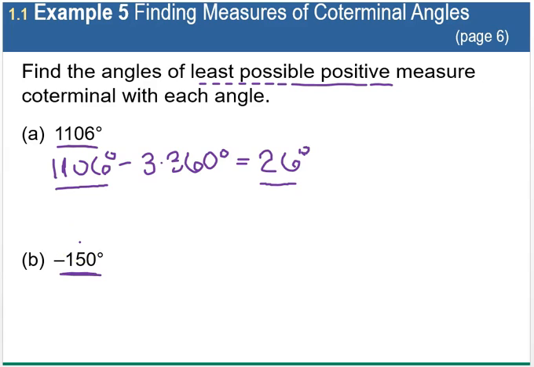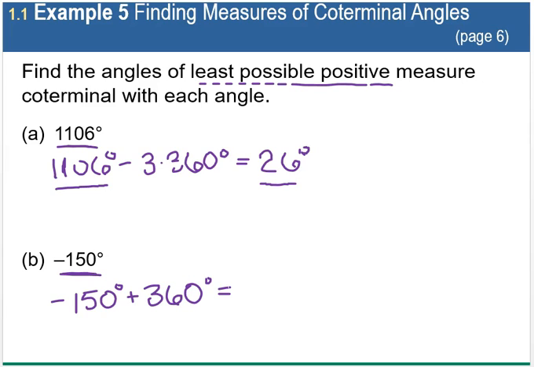We do the same thing, except this time we have a negative angle. So instead of subtracting, we're going to add 360. And in this one, we only need to add 360 one time. So negative 150 plus 360 degrees is equal to, I believe, 210.